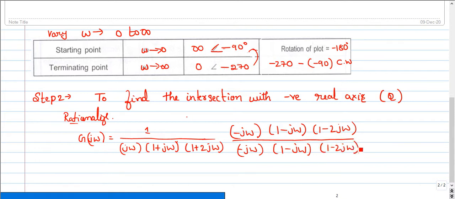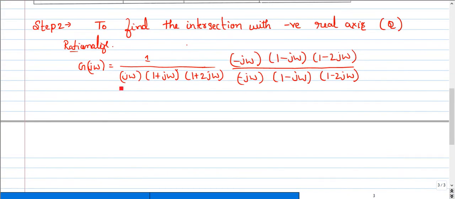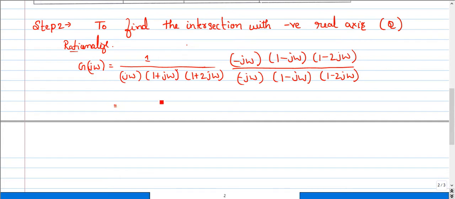So when I cross multiply, let me take a new sheet. The denominator part will be omega square, 1 plus omega square, 1 plus 4 omega square.